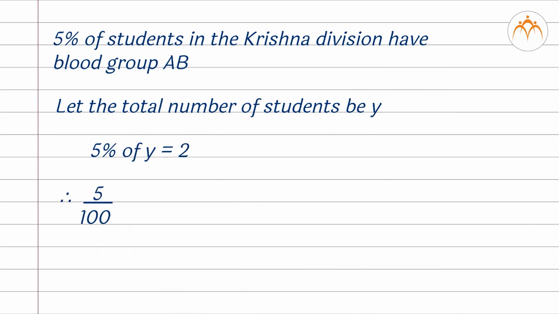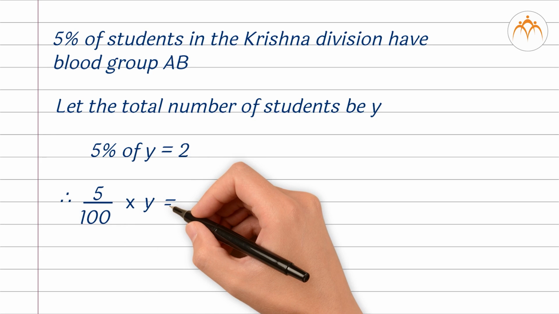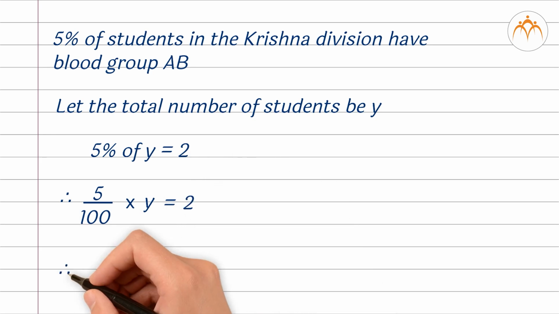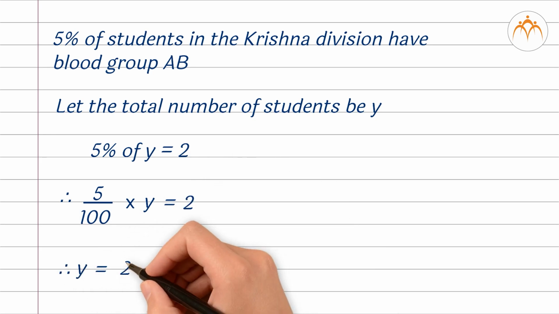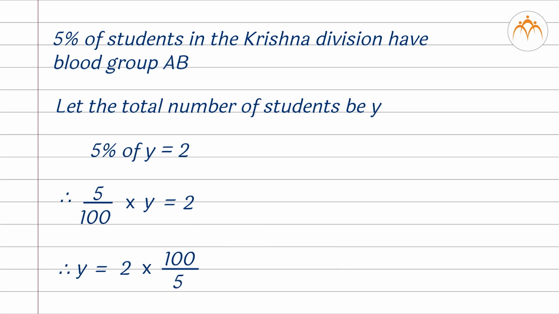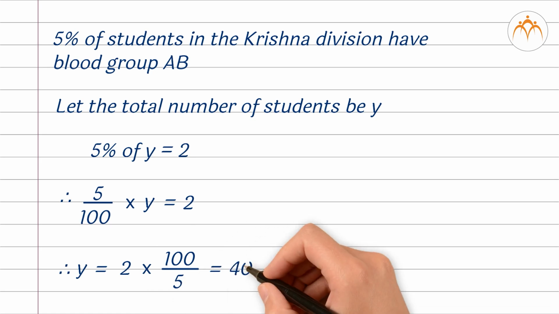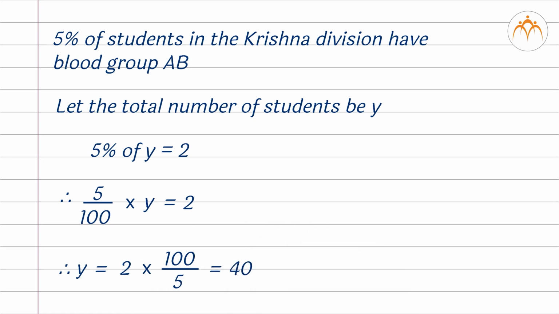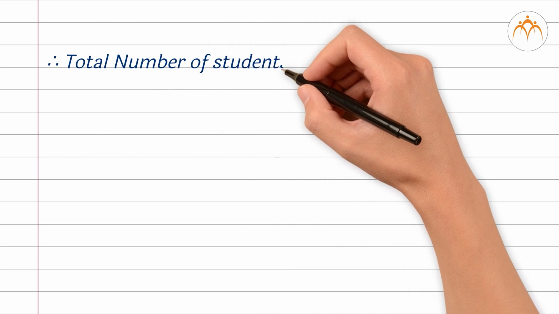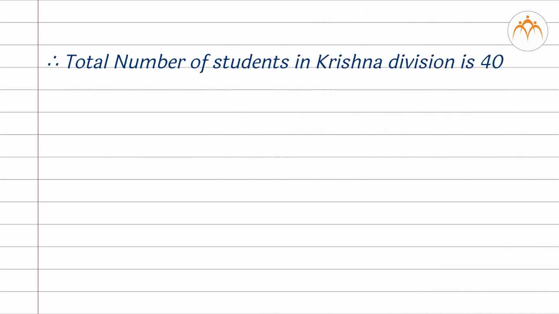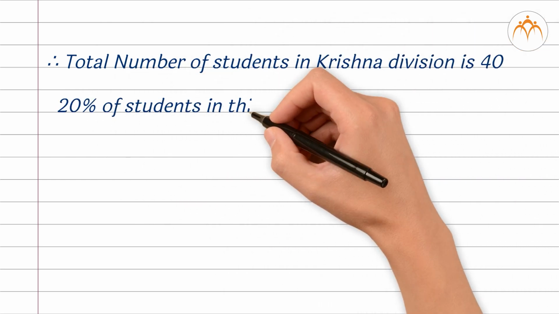Therefore, 5 divided by 100 multiplied by Y is equal to 2. Therefore, Y is equal to 2 multiplied by 100 divided by 5, which is equal to 40. Therefore, the total number of students in Krishna division is 40.